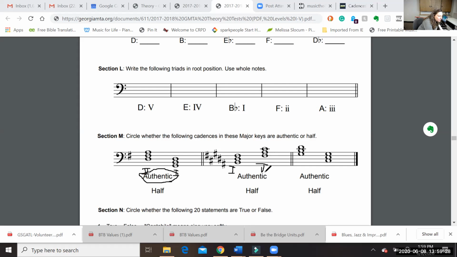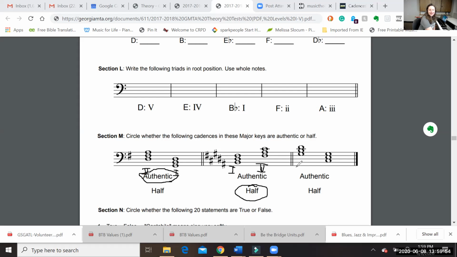This annotate tool is a little harder for me to draw, but that is a 5. Okay, it's not a 5 to 1 progression. It's the other way around. So it cannot be an authentic cadence. But remember that a half cadence is anything that ends in 5. So the correct answer would be a half cadence.